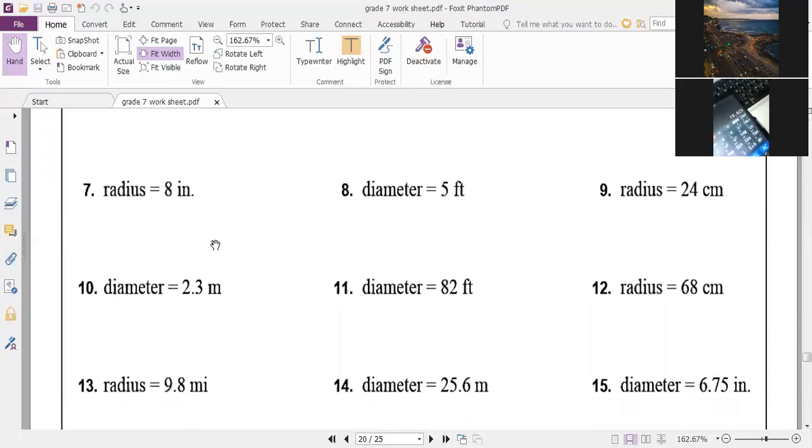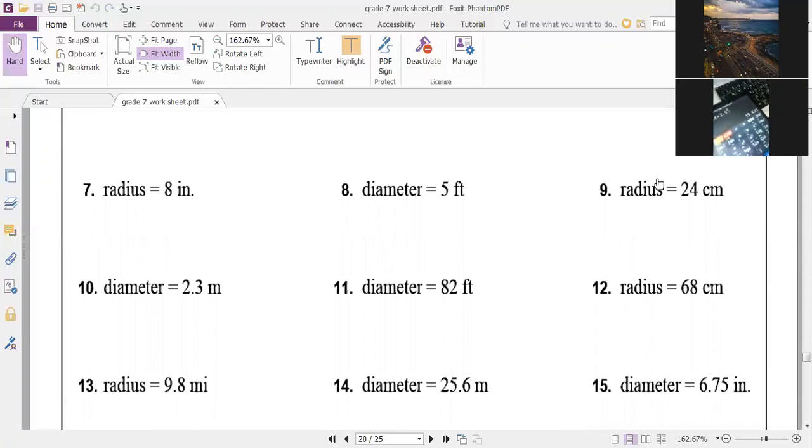The next example: he gives me the radius is equal to 24. How can I find the area in this case?